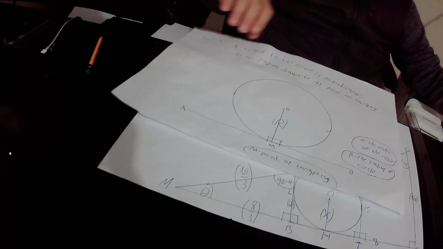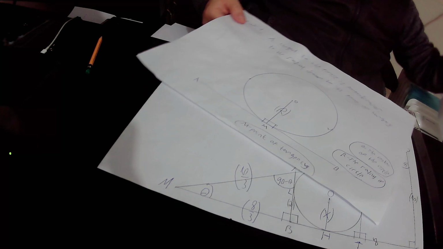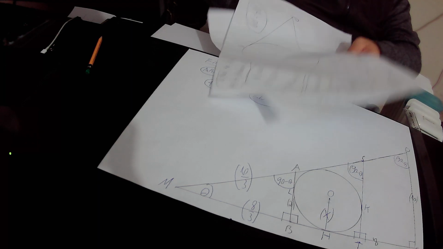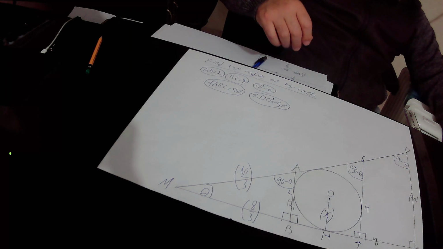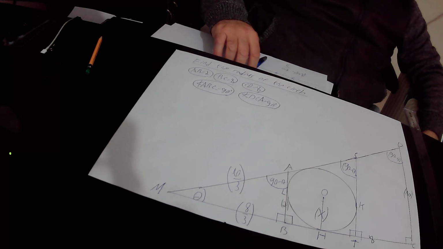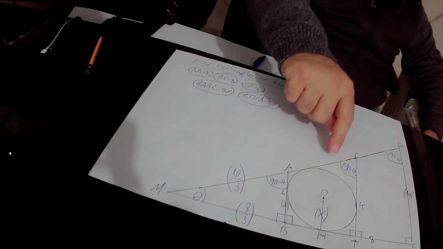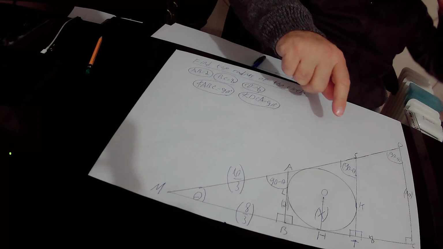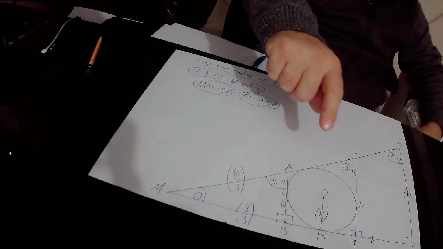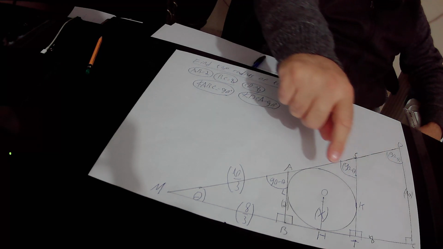We can implement rule 1 in our drawing, because in our drawing we have the radius of this circle that is drawn to point H, that is the point of tangency of tangent BT with this circle.